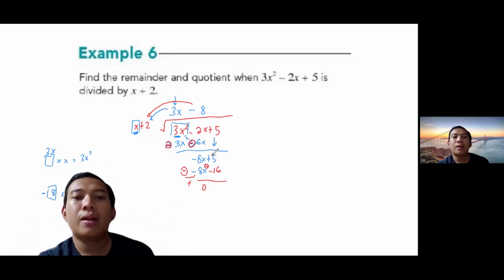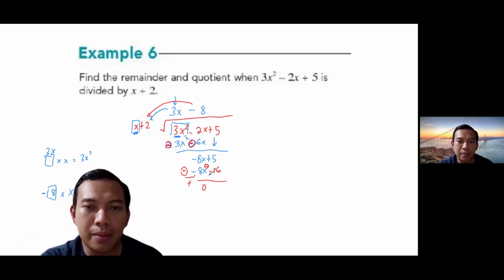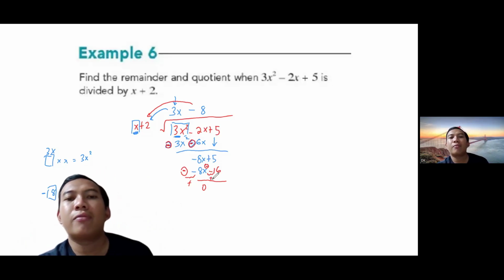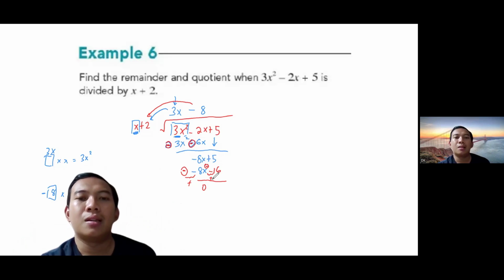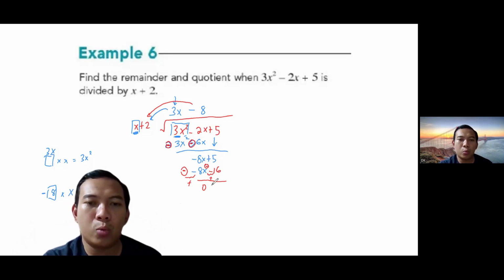So 5 minus minus 16, you get a plus instead. So 5 plus 16, you get 21, or positive 21.